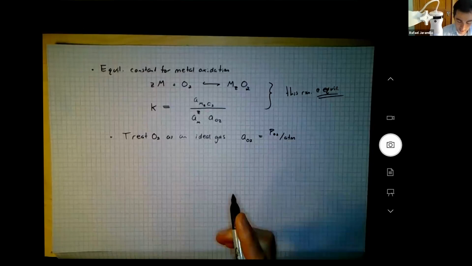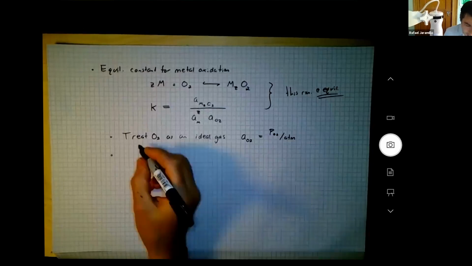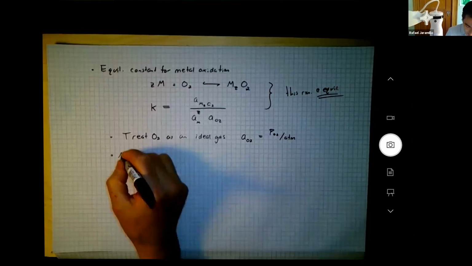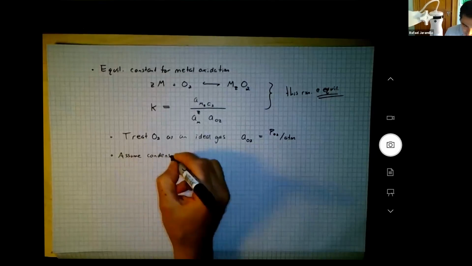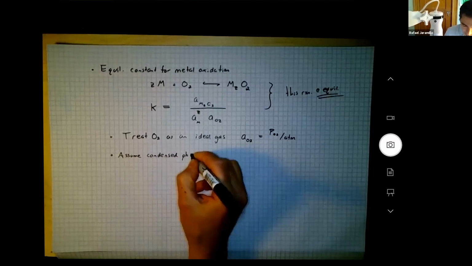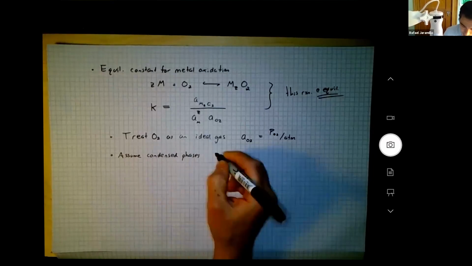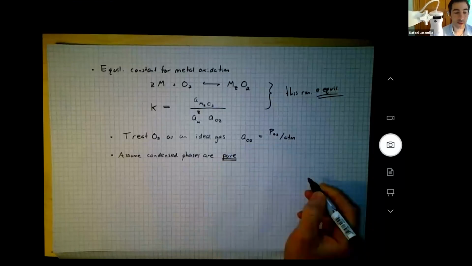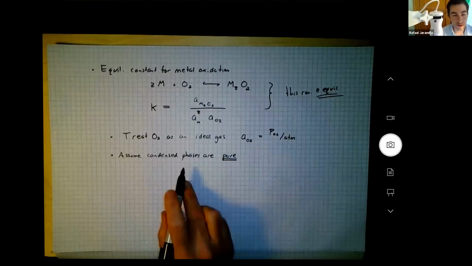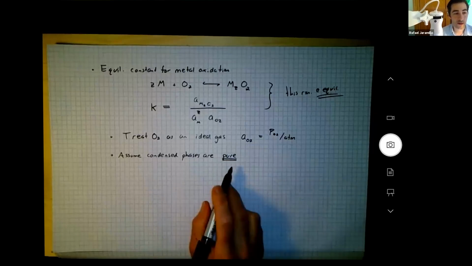Good, that's easy. And we're going to assume that condensed phases are pure. That's big. If we assume the condensed phases are pure, that's equivalent to saying that their composition is unchanging.